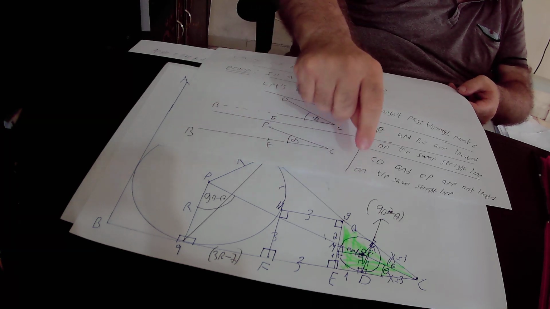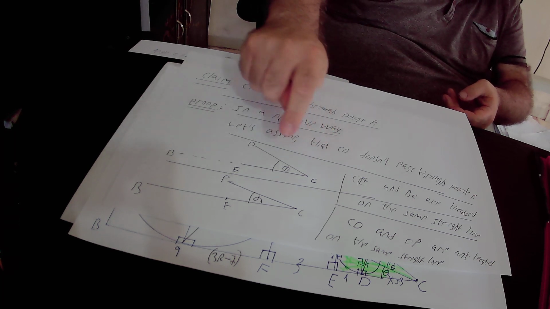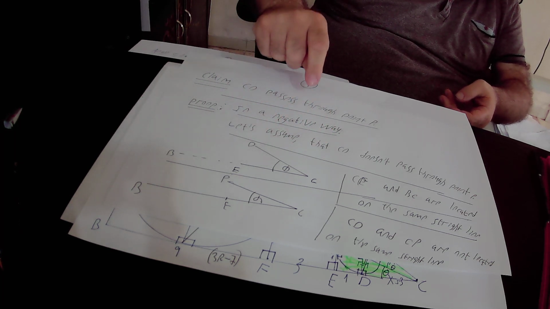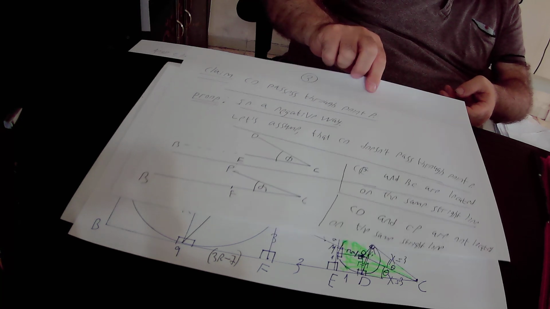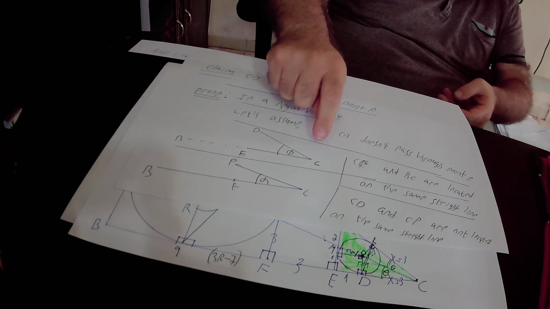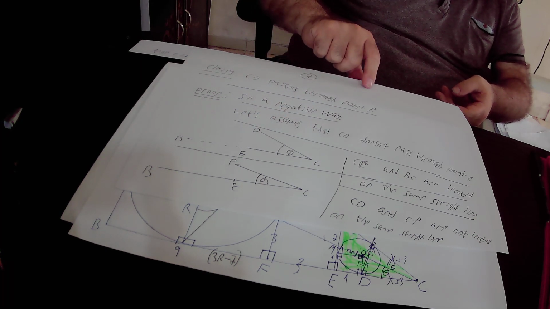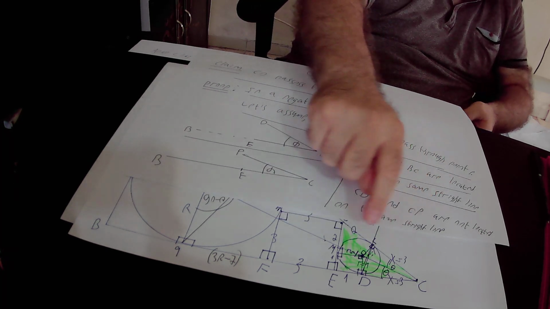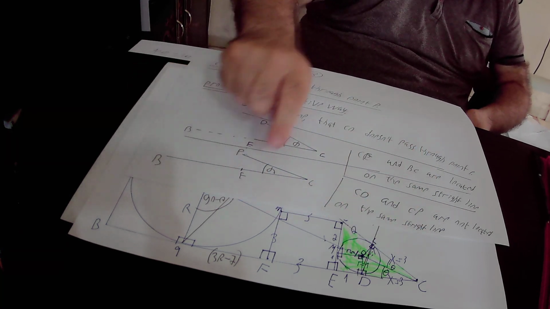So according to the assumption, CO doesn't pass through point P. Therefore, we will have here two angles, angle OCE, that is equal to theta. It's very easy to see that leg CE of this angle is part of CB.